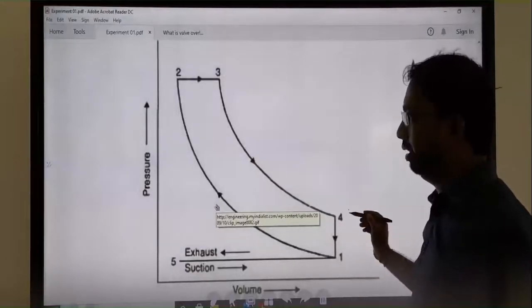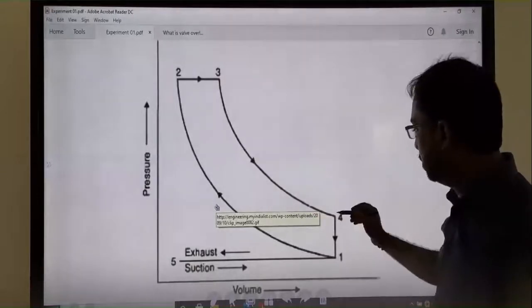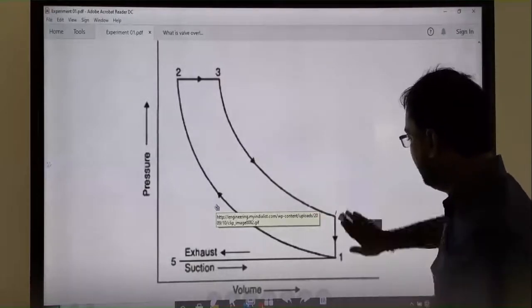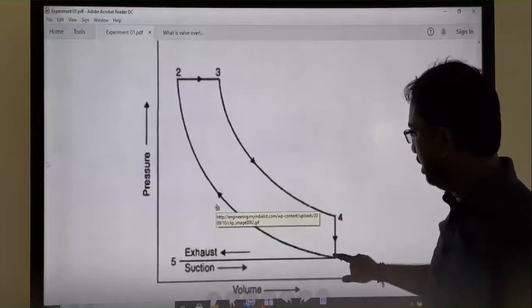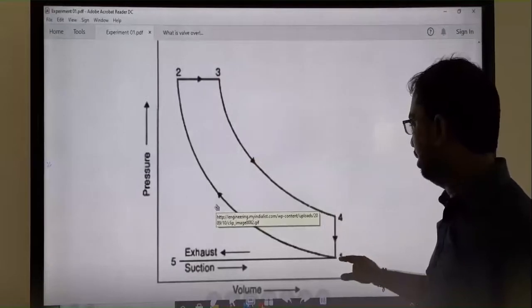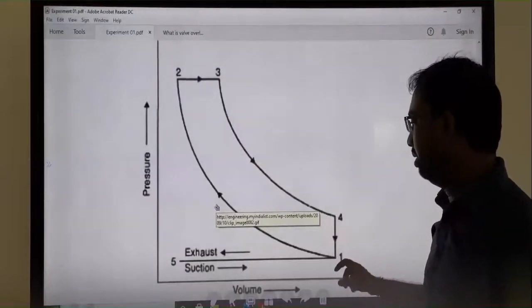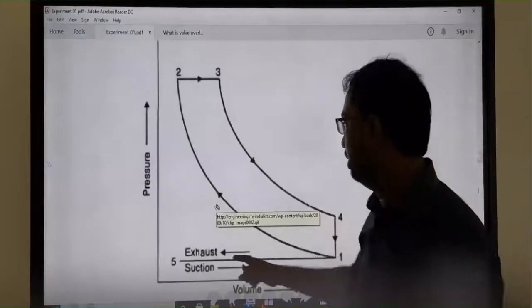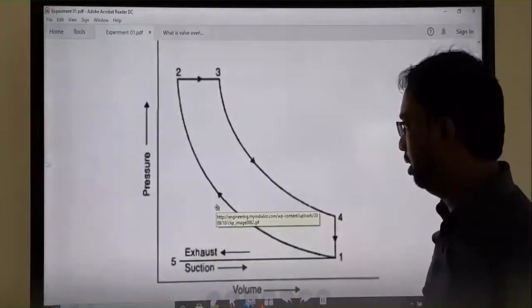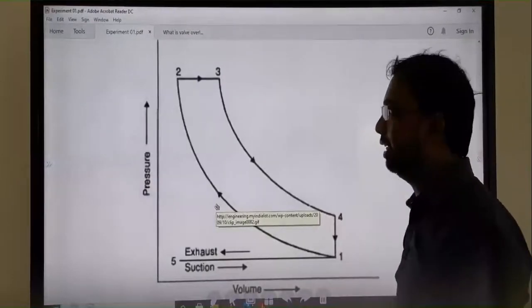Okay, I already explained that. Both are the same, and this process is also the same. When the exhaust valve is open, there is a sudden pressure drop, and when the burnt air mixture exits, there is a gradual volume decrease.